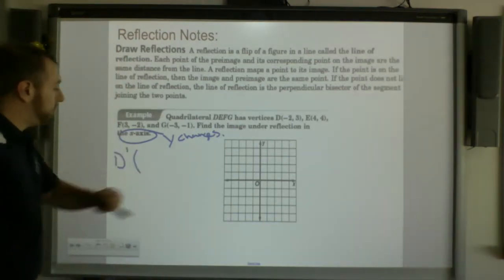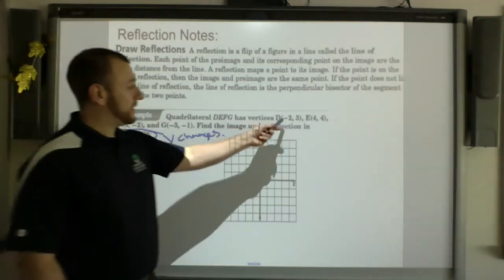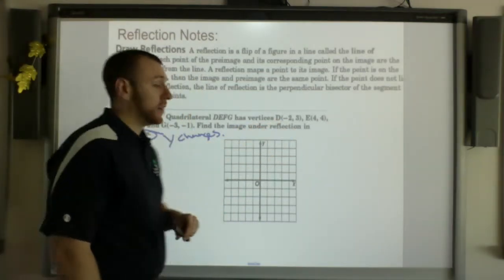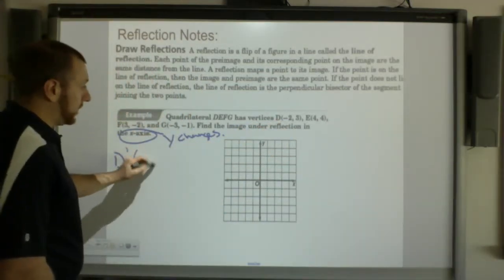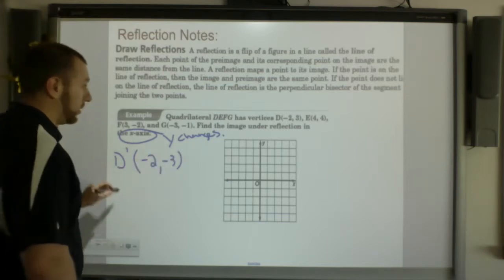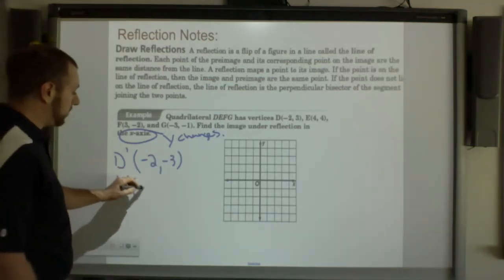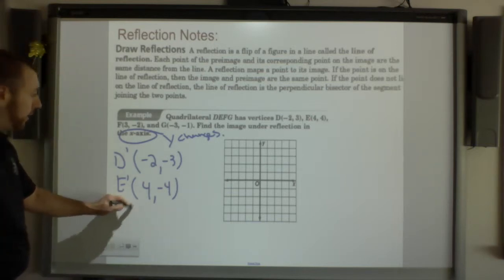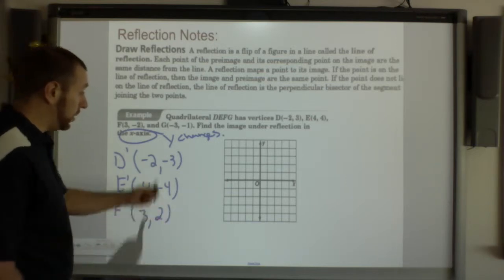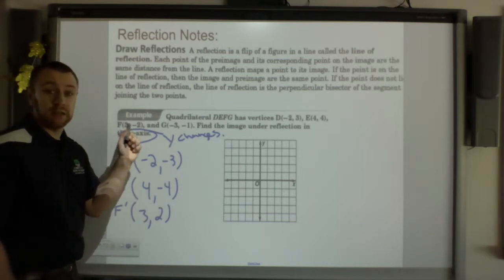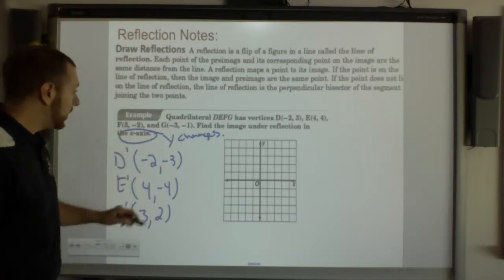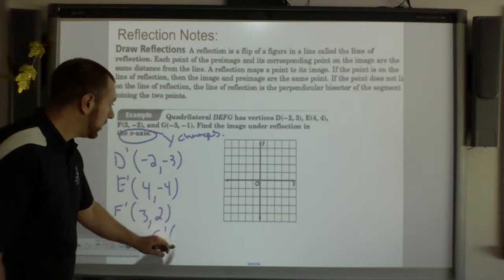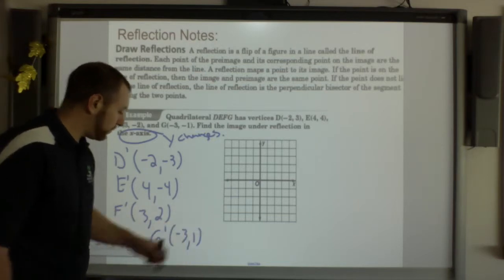My x is going to stay the same, my y is going to change signs. So my new D is going to be negative 2, negative 3. My new E is going to be 4, negative 4. My new F is going to be 3, 2, because y is changing signs, so that negative 2 becomes a positive. And my new G is going to be negative 3, 1.